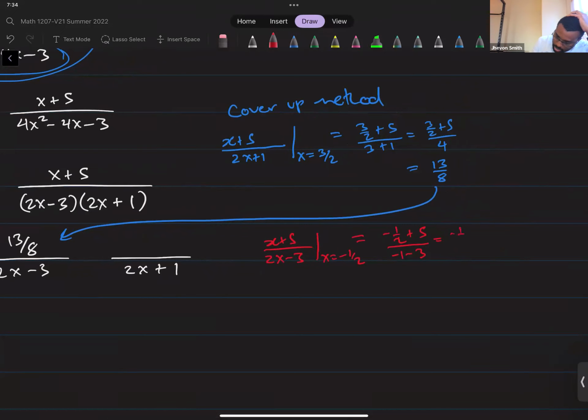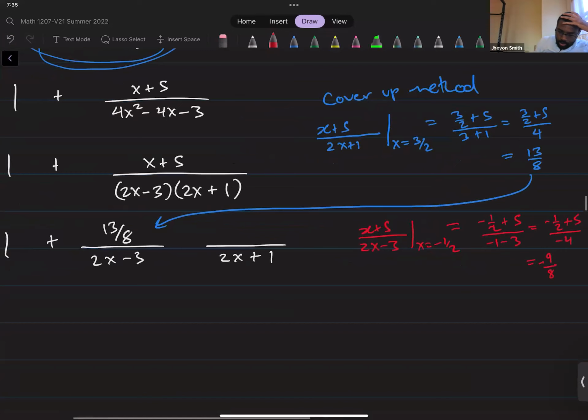So that's going to be minus 1/2 plus 5 all over minus 4. Multiply top and bottom by 2. I would get minus 1 plus 10, so that's 9 over minus 9 over 8. And that is what goes here.